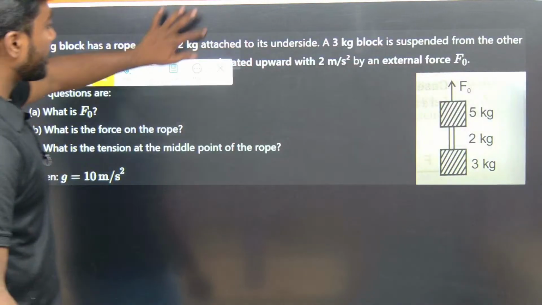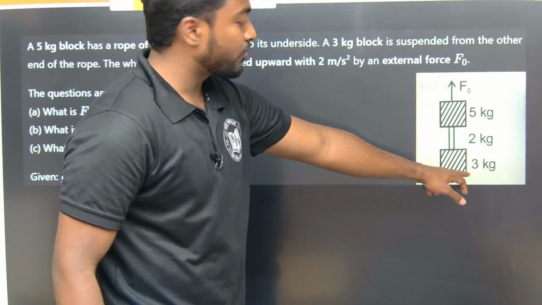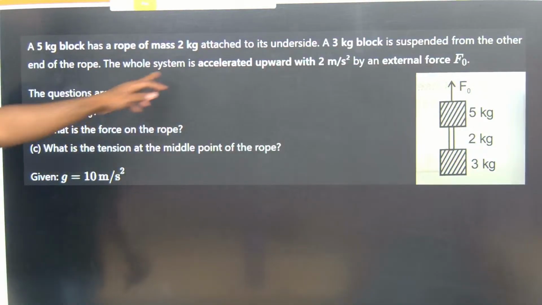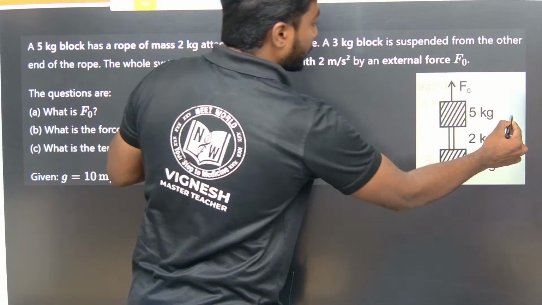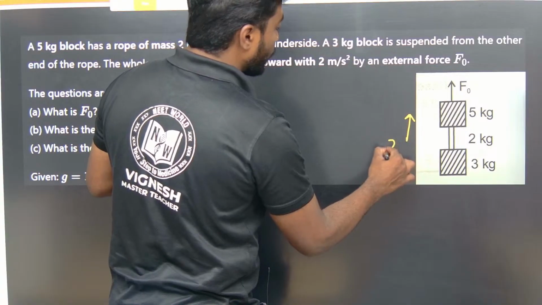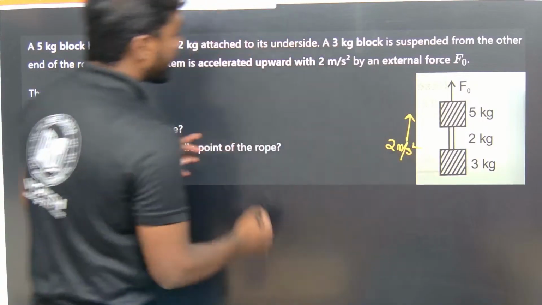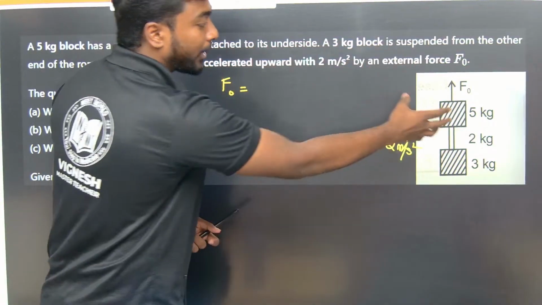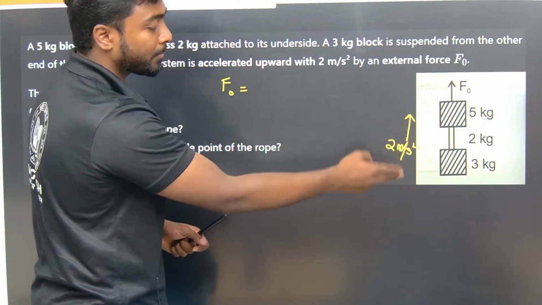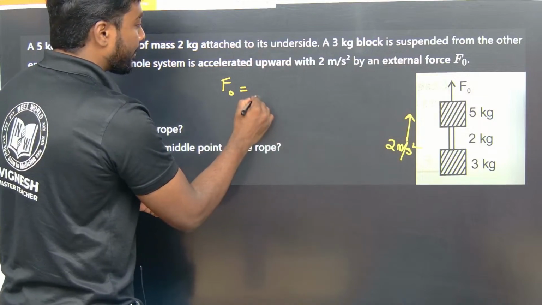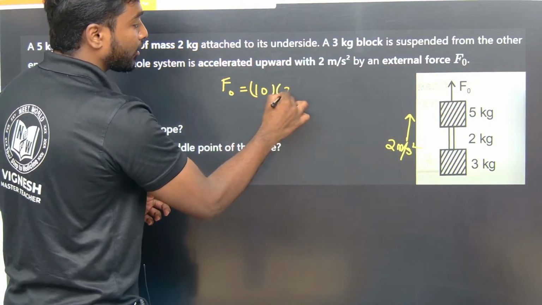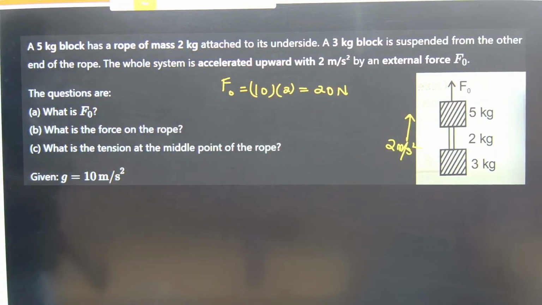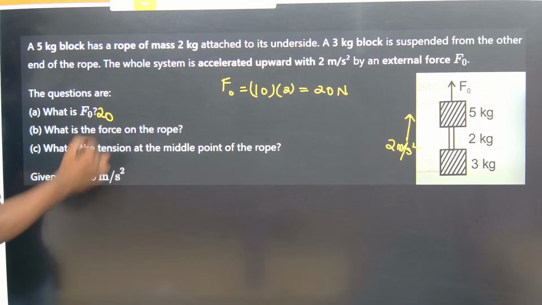If I see here 5 kg, 2 kg and 3 kg, they have given the acceleration also. So, the acceleration is given as 2 meter per second square. So, F naught is equal to the total mass, 5 plus 2 is 7, 7 plus 3 is 10, 10 into acceleration 2. So, the answer is 20 Newton for F naught. First one, this is 20 Newton. Okay. I will keep it as it is.